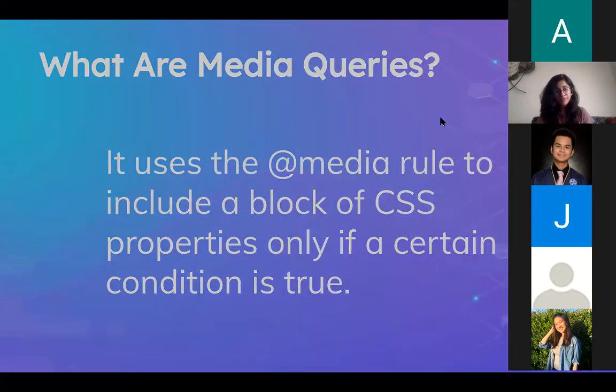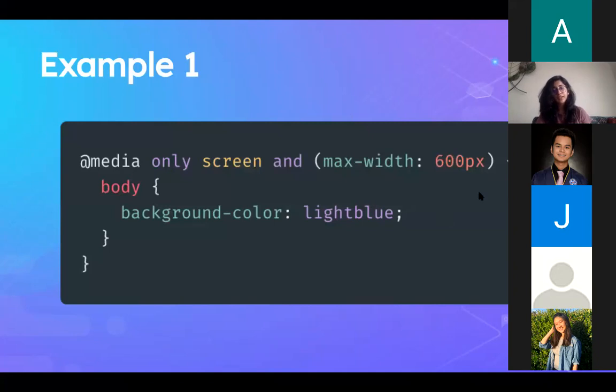A quick example of the following is something like this. Let's kind of decode this word by word real quickly. So if the media that we are at currently is a screen and only a screen, no other media works. There are other forms of media as well. People can listen to websites, remember. And the maximum width of that screen needs to be 600 pixels, which means that the screen's width is less than 600 pixels.